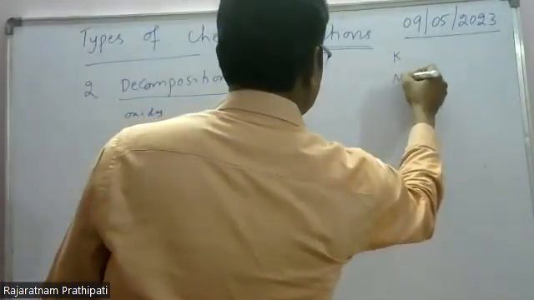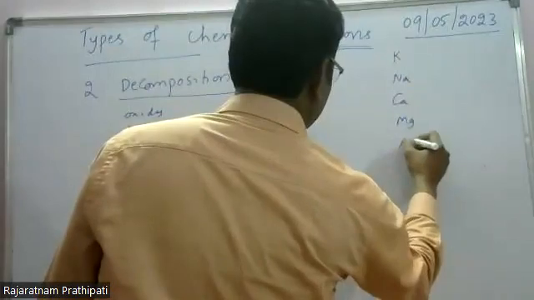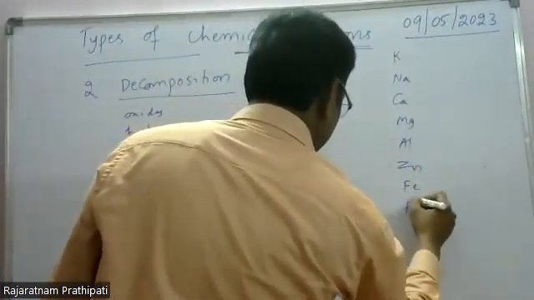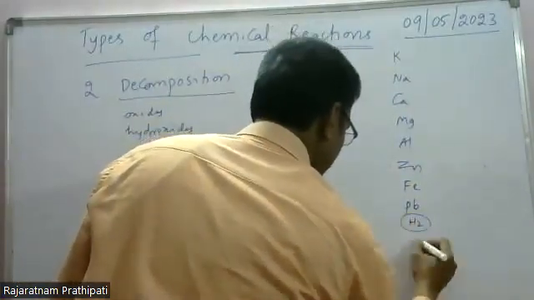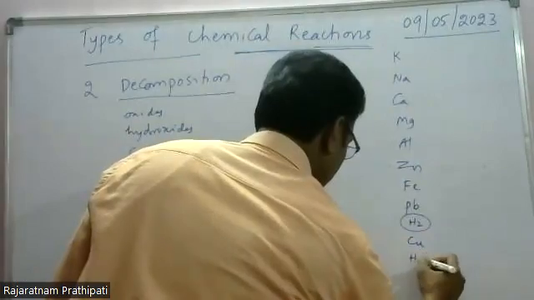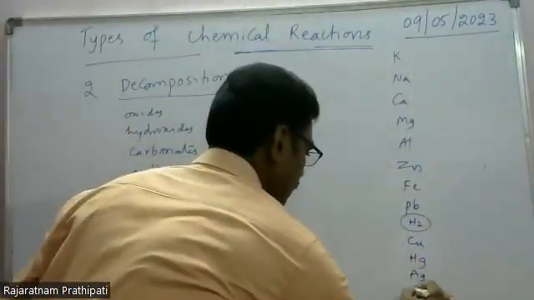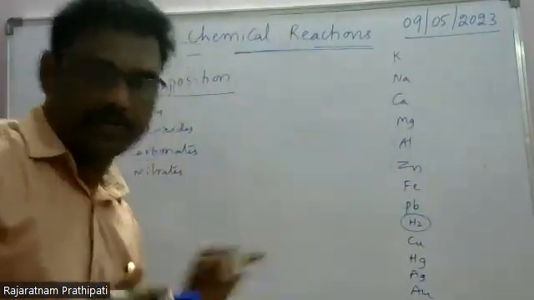Potassium, sodium, calcium, magnesium, aluminum, zinc, iron, lead, hydrogen, copper, mercury, silver, gold. This is the metal activity series.